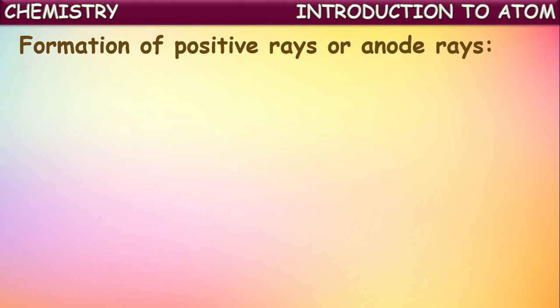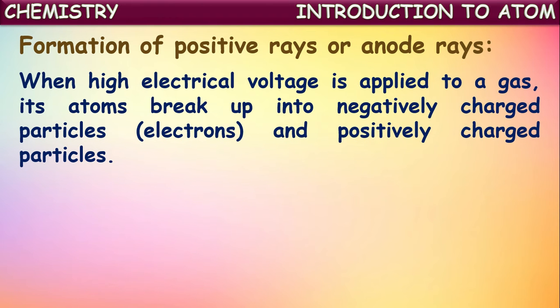Now let us see how these positive rays, these anode rays, are formed. When high electrical voltage is applied to a gas, its atoms break up into negatively charged particles and positively charged particles. Isn't it? This happened in the case of the discovery of cathode rays also.